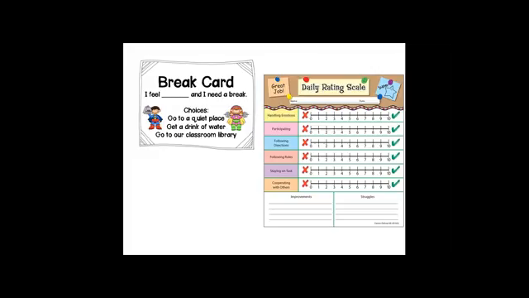An intervention could include a daily rating scale so that the student and teacher can evaluate how a student might be doing. So for example, staying on task. If the student rates themselves pretty high for staying on task, yet the teacher rates the student as low, there's some discrepancy there.